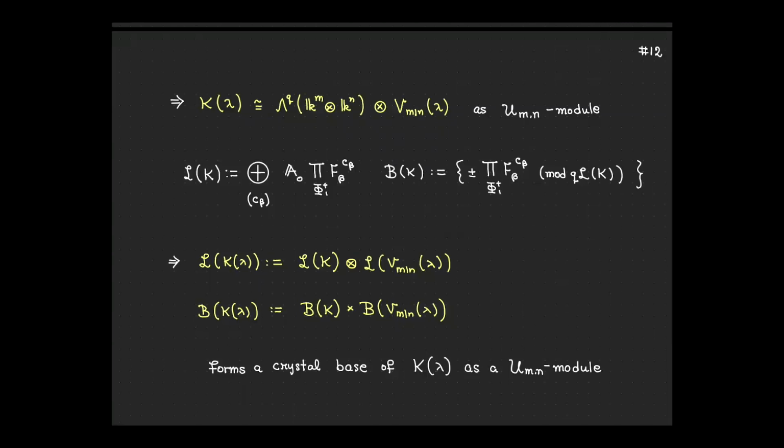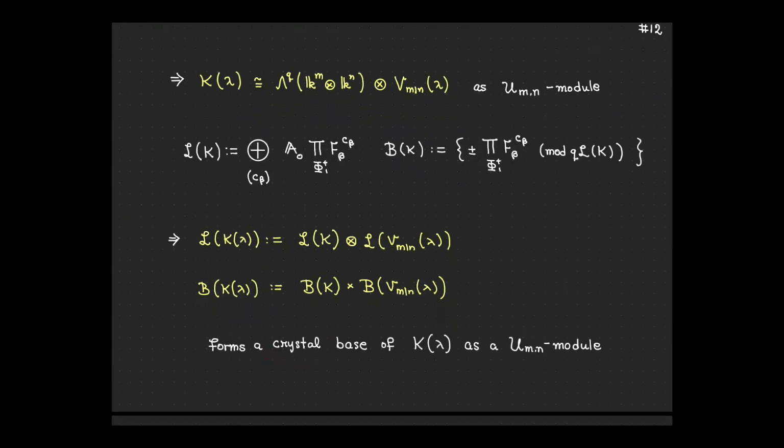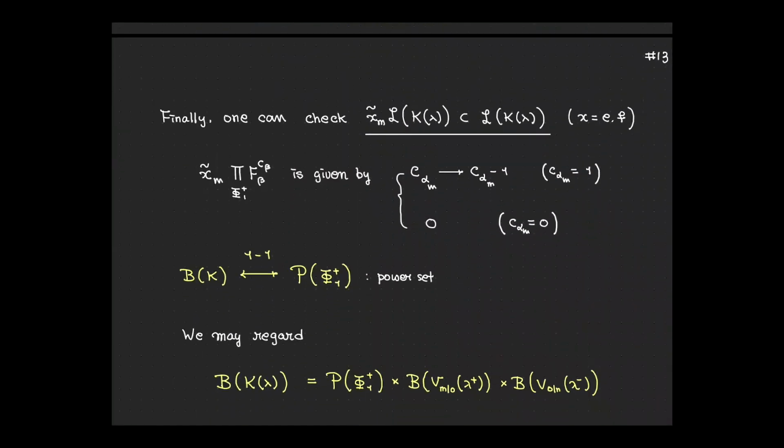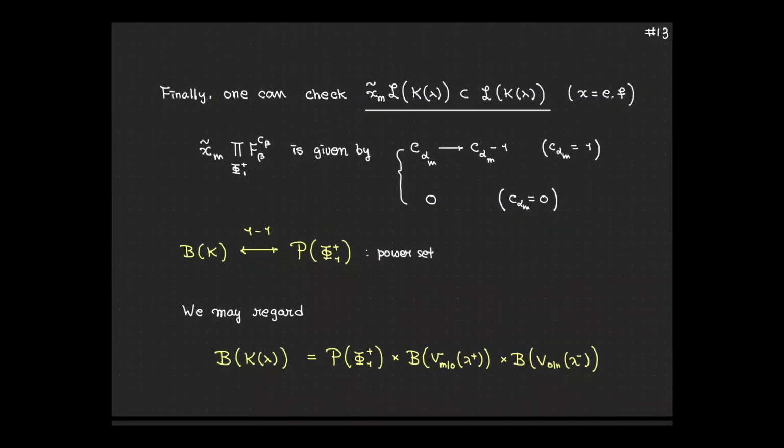So it forms a crystal base with respect to this one, and here the crystal means that the operator is lower or upper corresponding to the sign of the even simple root. Finally, we have to check that it is also invariant under the odd crystal operators, and we can prove this.